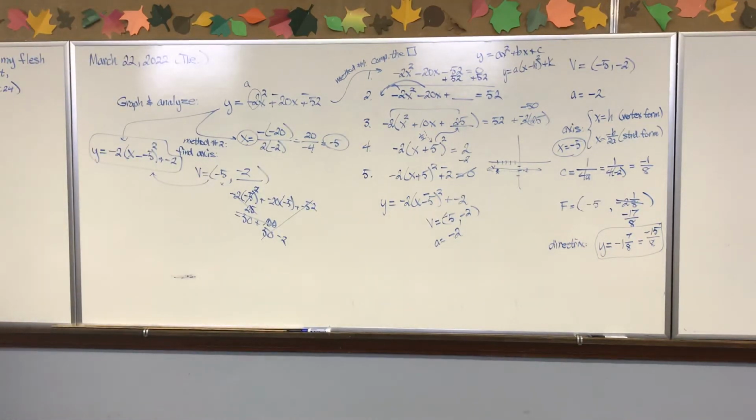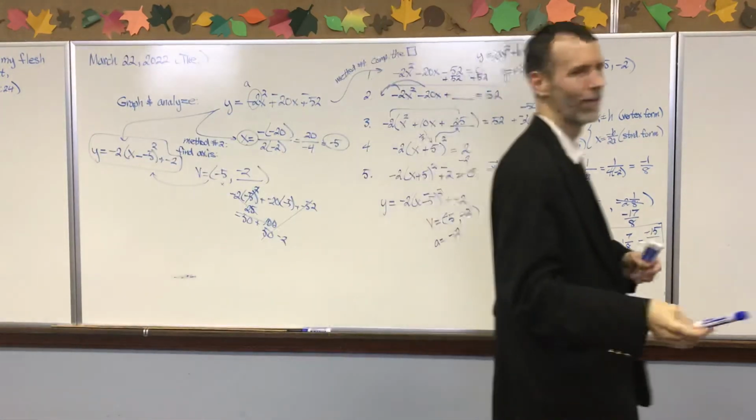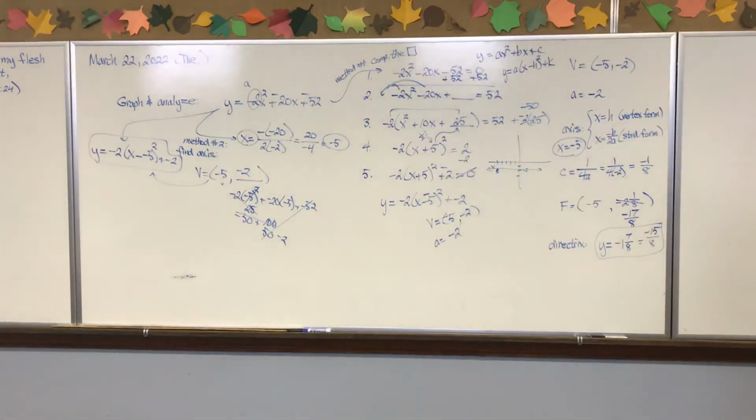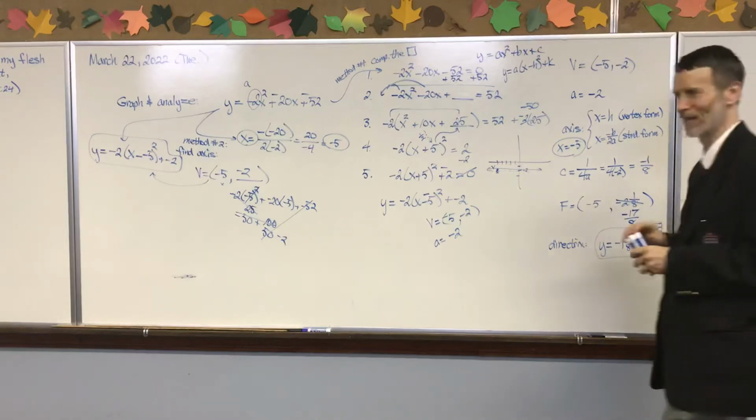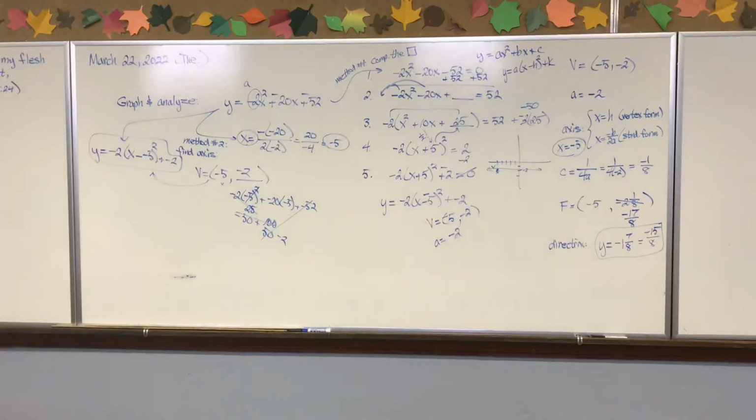How would you, Nate, do it? On number 5, how would you get it in the right form? Like, what would you do physically, mathematically? I need it either in standard form or vertex. Yeah.